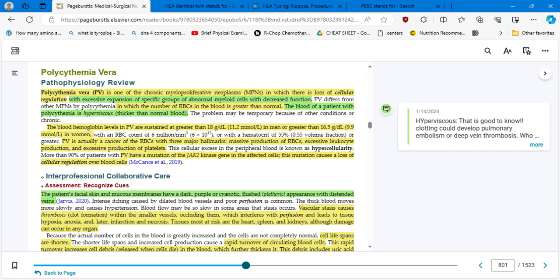In the lympho, we have the three branches, the NO BOMB THREATS. That's the acronym. NO stands for your natural killer. BOMB stands for your B lymphocytic cells. And T THREATS stands for your T lymphocytes.